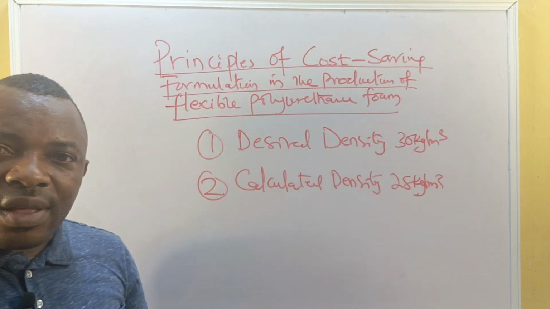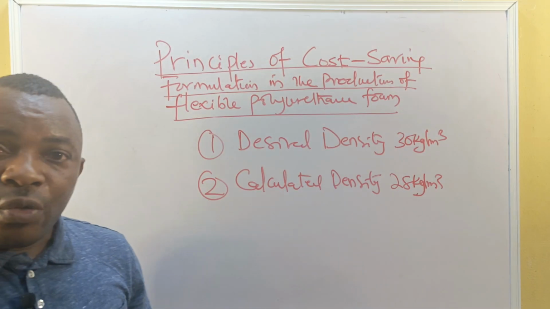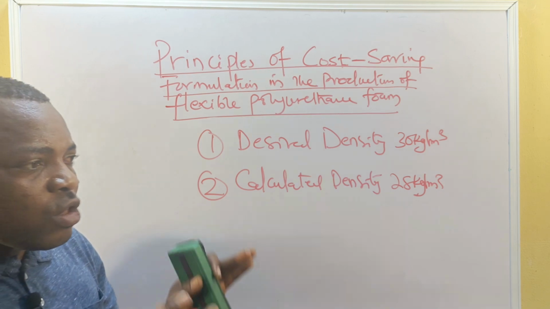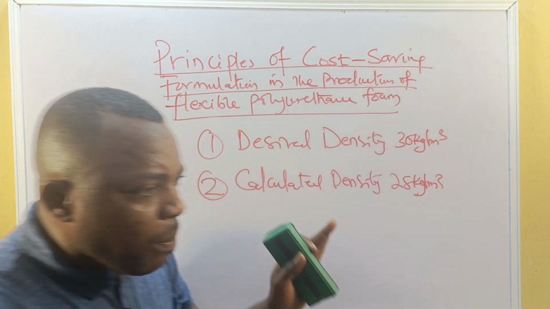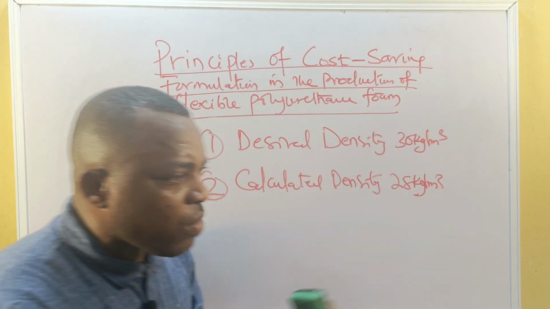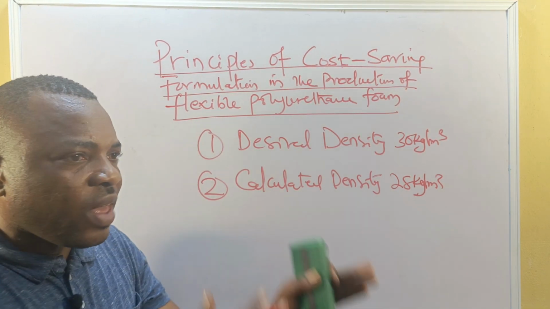We are going to look at the factors that affect PU formulation during the process. So it's not a copy and paste. You need to put several things into consideration: the temperature, the weather condition, the types of equipment you are using, the types of raw material you are using. So those are the things.